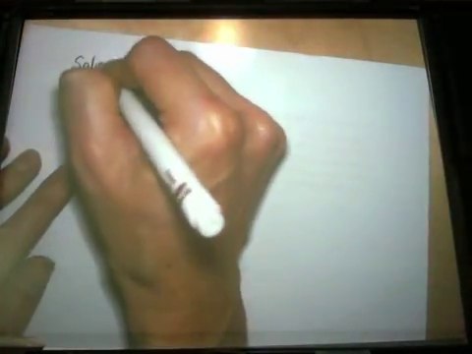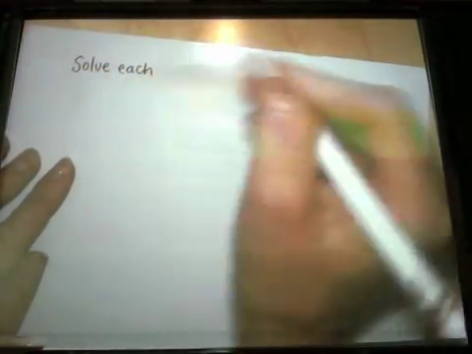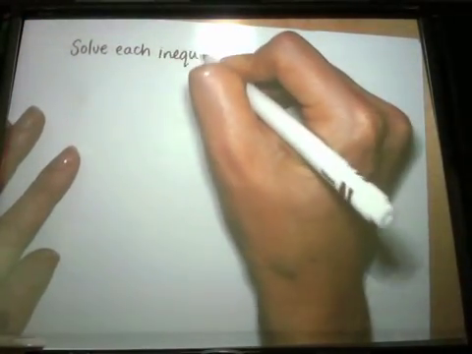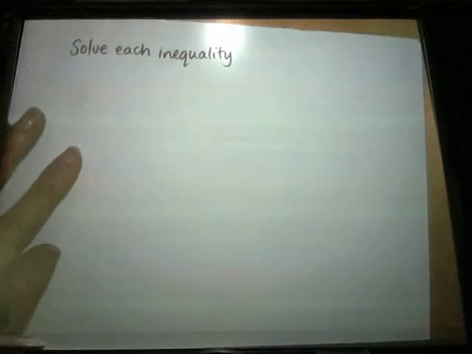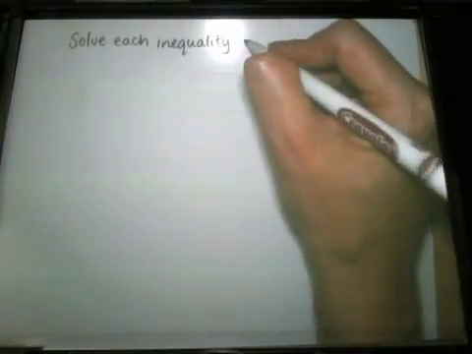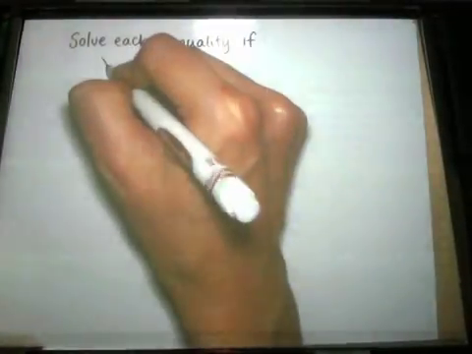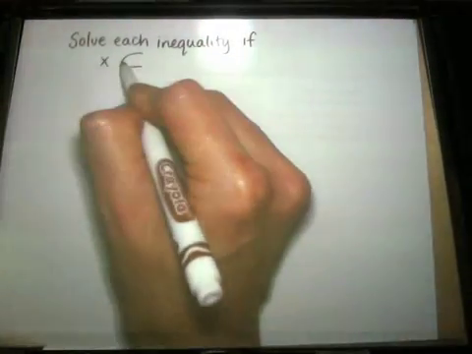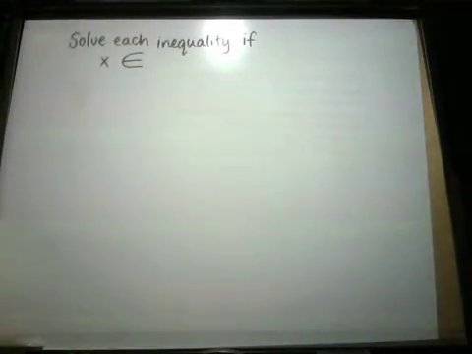And then the other thing you're going to see is it will say, solve each inequality. So just like with an equal sign or an equation, to solve it means to find the value of that variable. But what you're going to see in the book is if x, and then this symbol means domain. This goes back to chapter 8 with functions.